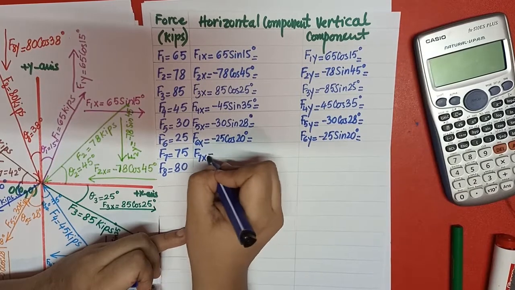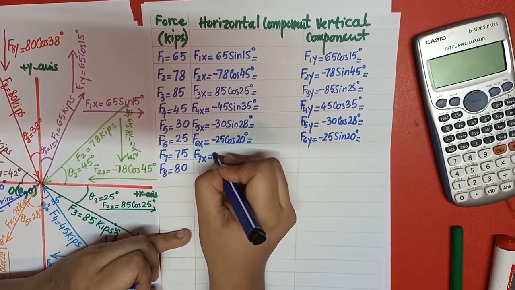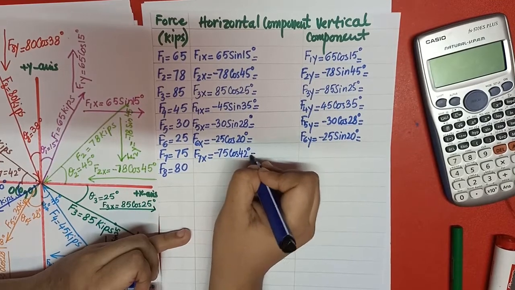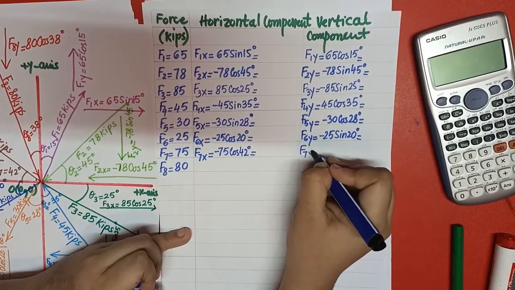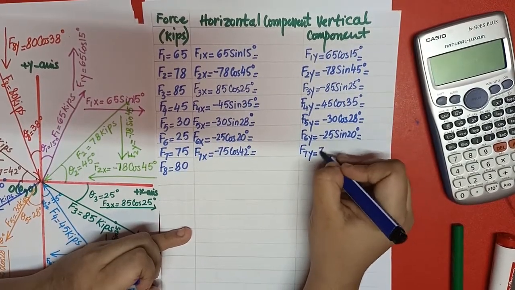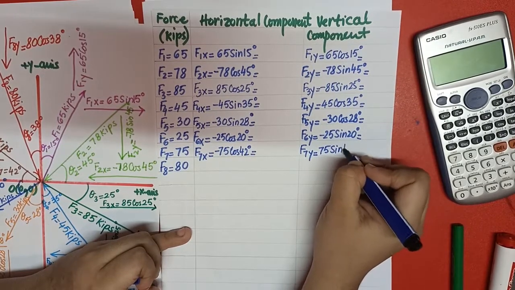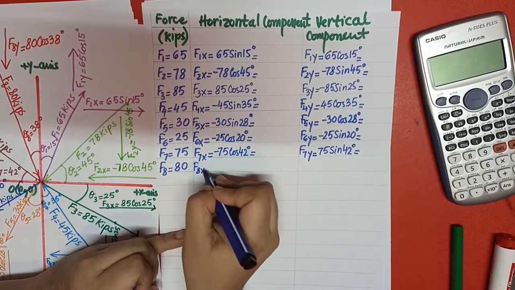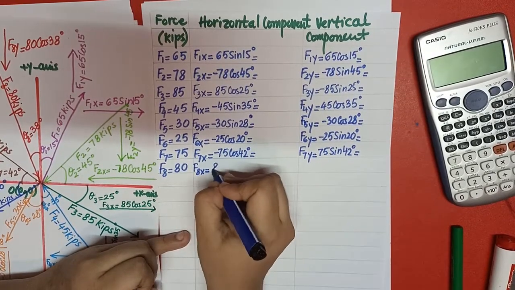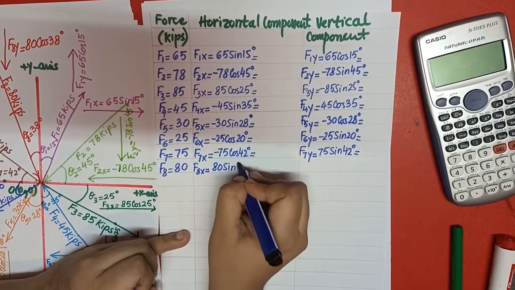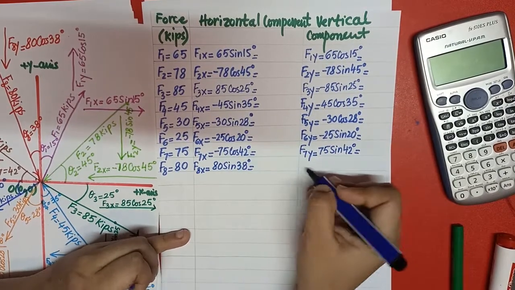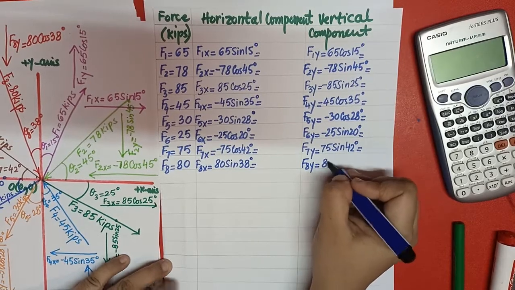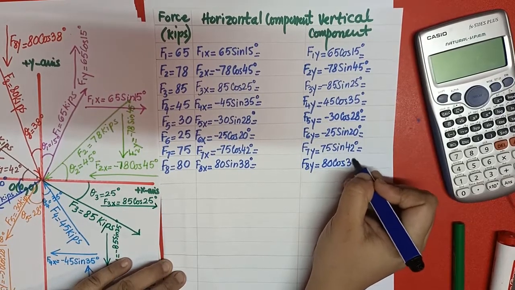F7x is equal to minus 75 cos of 42 degrees. F7y is equal to 75 sine 42 degrees. F8x is equal to 80 sine 38 degrees. F8y is equal to 80 cos of 38 degrees.